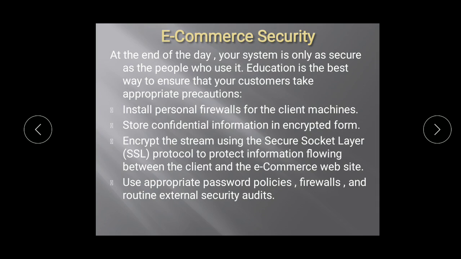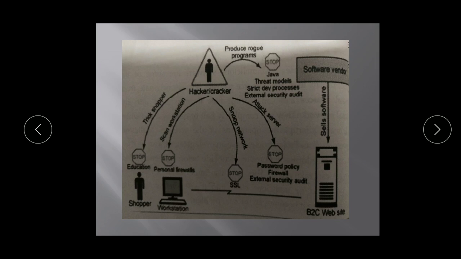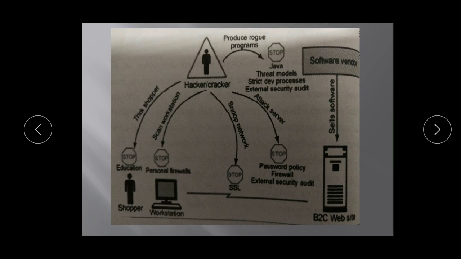Then use threat model analysis, strict development policies, and external security audits to protect the ISV software running the website. Analysis and development policy should be led to make those things possible. So this is how your security works, and this is how your employee works, as well as the shopper.